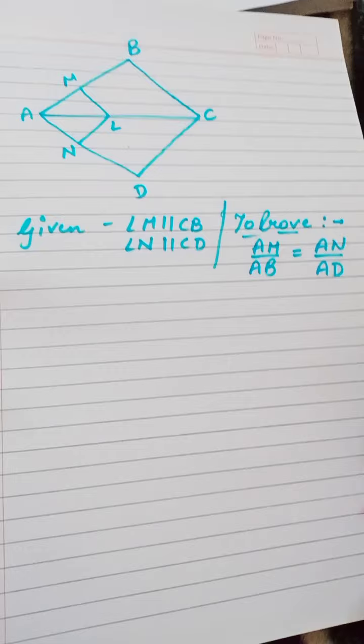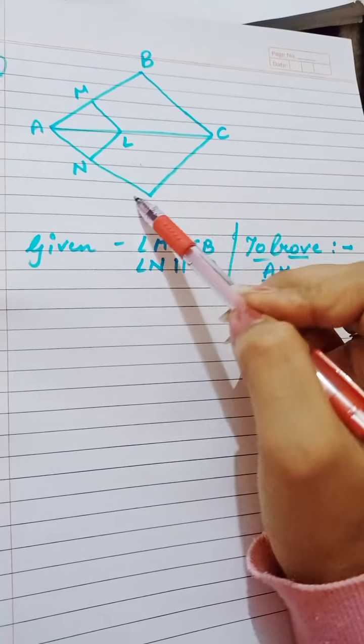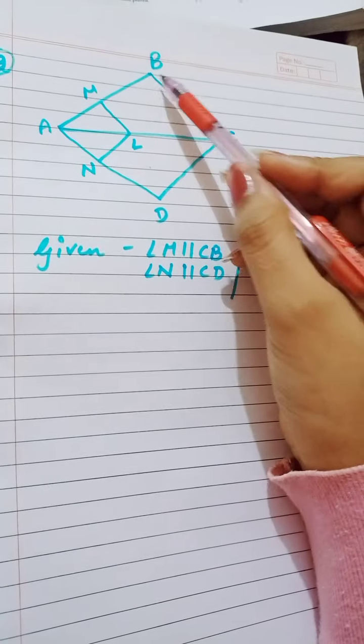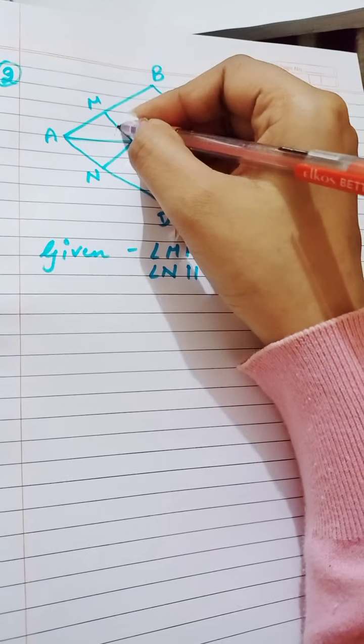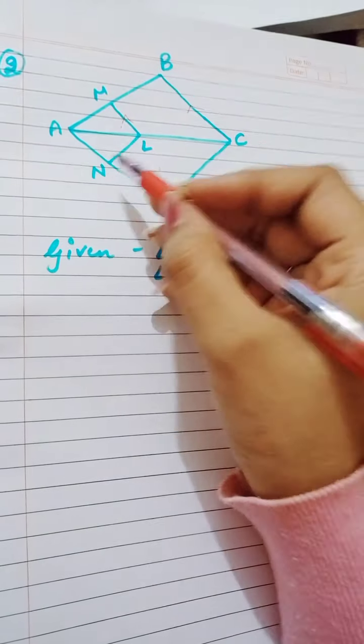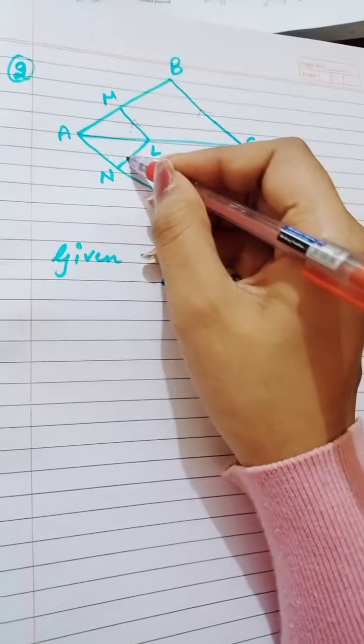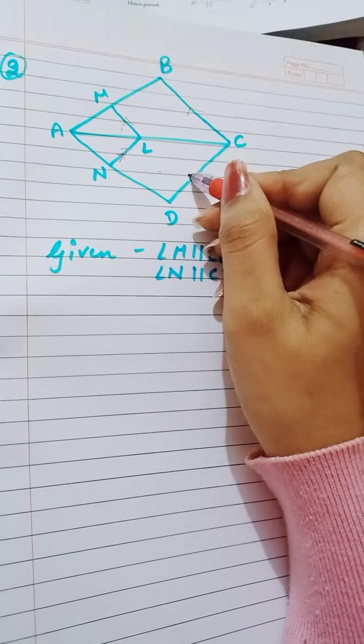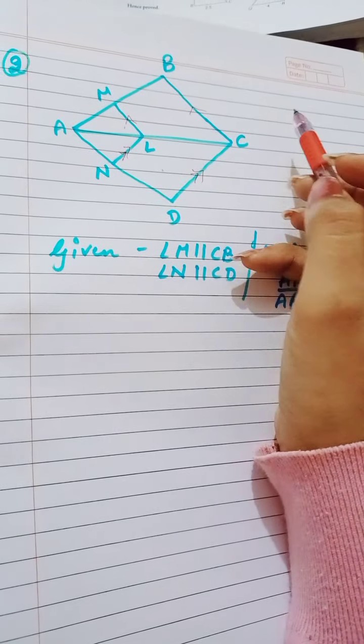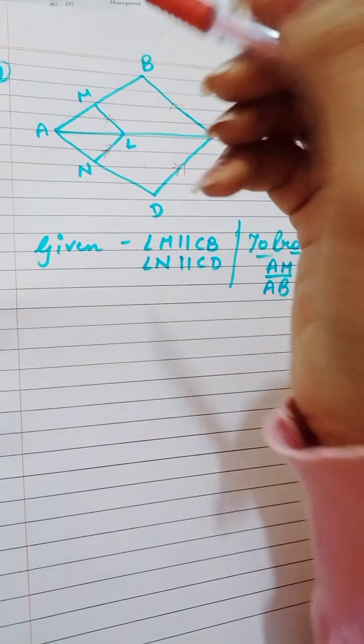The next type of question is, one quadrilateral ABCD is given to you, in which LM is parallel to BC, and LN is parallel to DC. These both are parallel. Whenever parallel lines are given, you can use BPT in triangles, as you know very well.